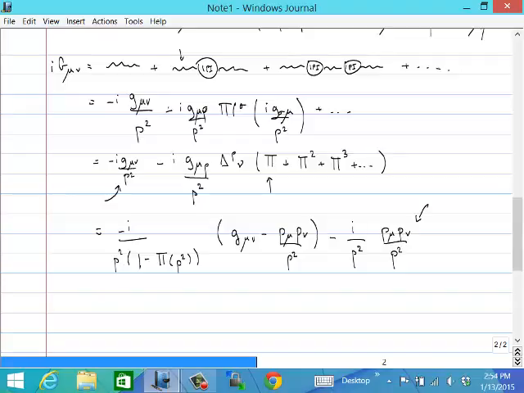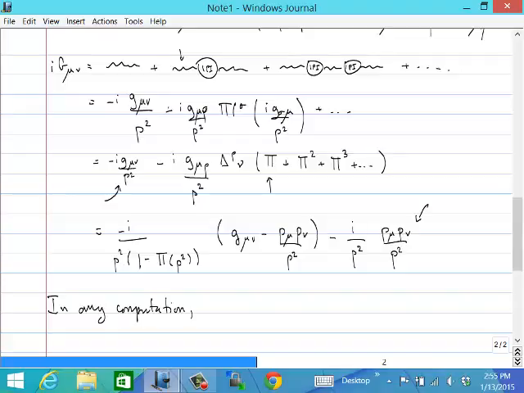The important point, however, is that in any calculation, all of the terms here proportional to p mu p nu are gauge terms. Those are terms that depend on your choice of gauge. So remember that in the R xi gauge, the propagator was g mu nu plus xi times p mu p nu over p squared.